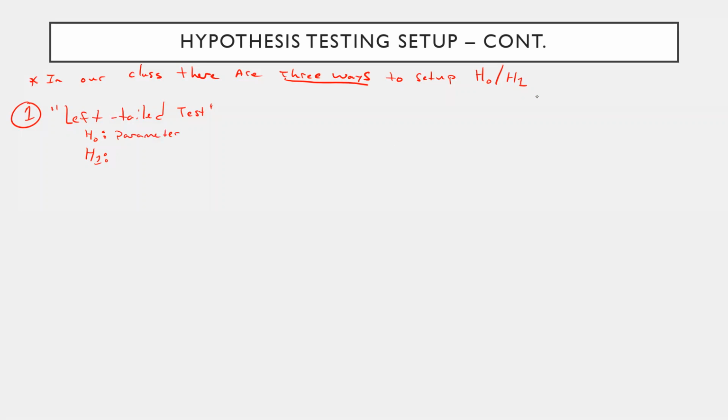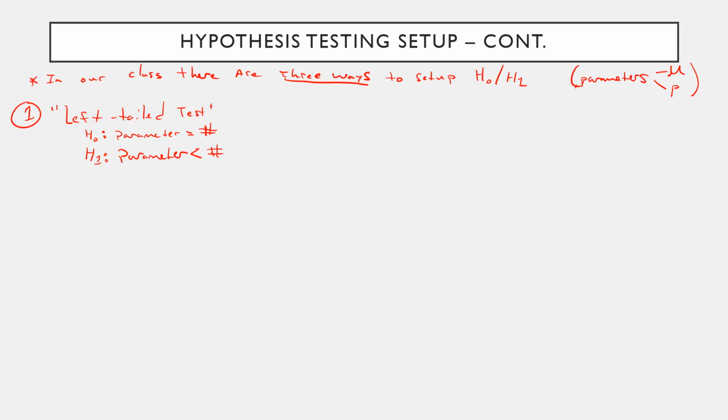Just recall what I mean by parameters: your parameters for this class are mu or p. So in a left-tailed test, you're saying the parameter is equal to some number. I'm just going to use the number sign here. And then the alternative is, wait a second, no way, the parameter is less than that number.